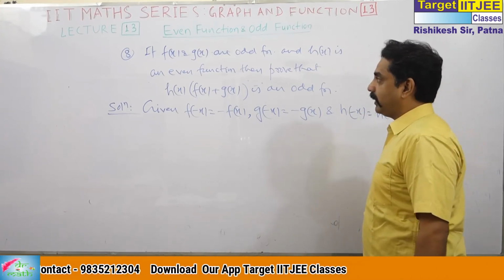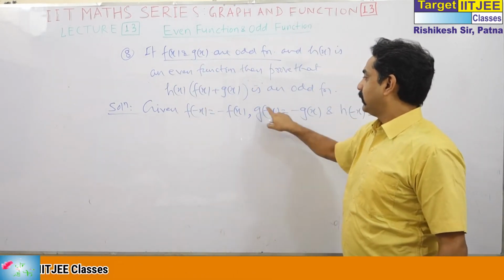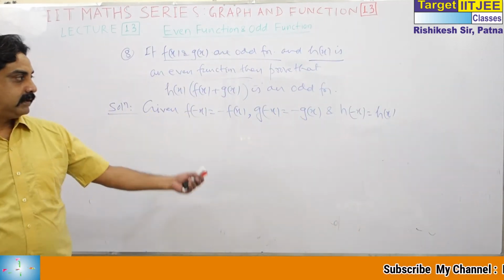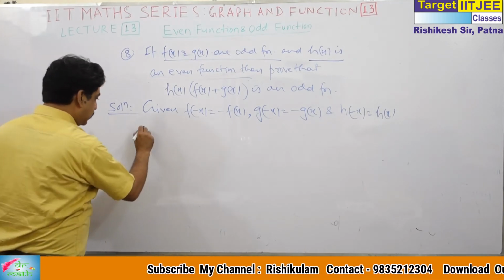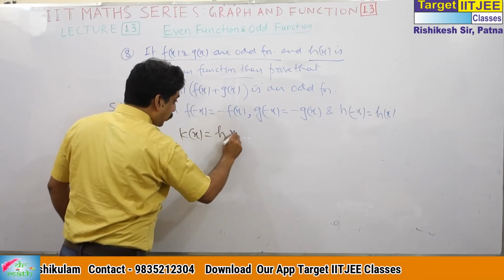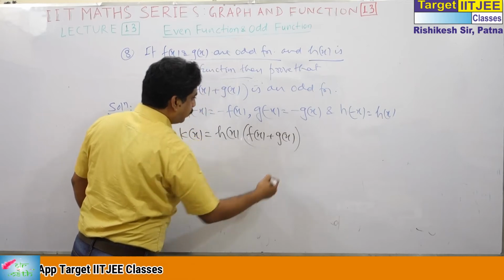I hope you get it. f(x) and g(x) are odd functions means f(-x) = -f(x), g(-x) = -g(x). h(x) is an even function means h(-x) = h(x). And to do the proof of this question, give this a name k(x). This complete function is named as k(x).